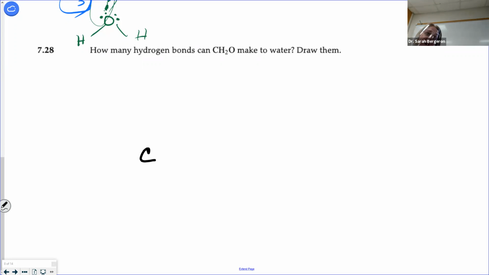Be a carbon in the middle, right? Do your Lewis dot structure really quick. I'm not going to do it for you. You do it. Draw the Lewis structure of CH2O.